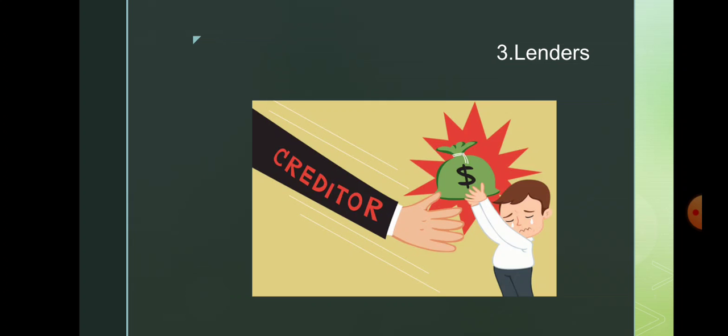Next is the lender. The main users here are the debenture holders and the creditors. Lenders need information to decide whether to lend to a company or not. It is the same as with investors. Investors will invest their amount in the company, but here we are talking about people other than the shareholders, other than the owners of the company.